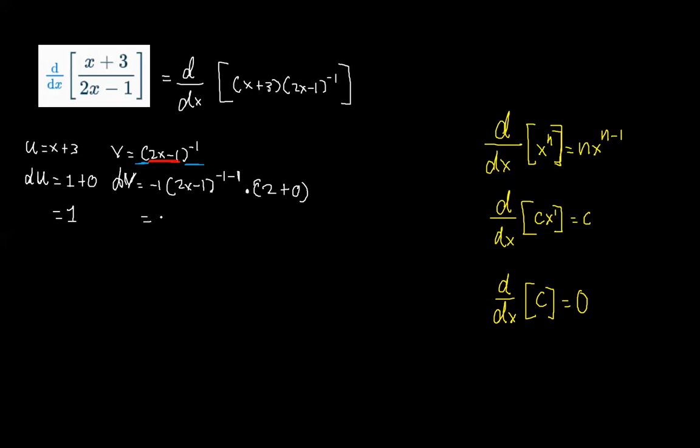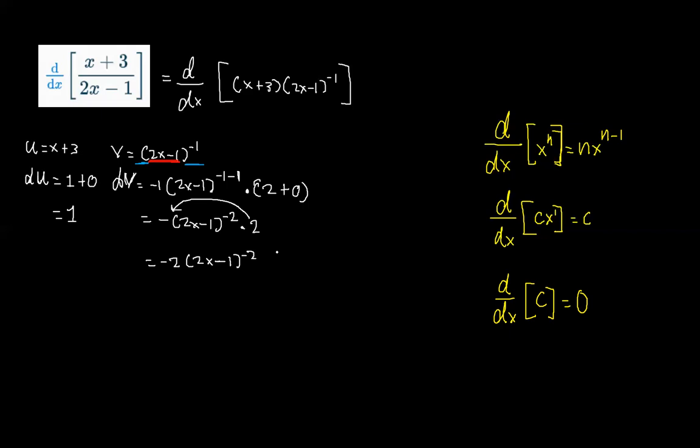Let's simplify. I'm going to put the 2 in front, so I will have negative 2 times the quantity 2x minus 1 raised to negative 2. So that's it.